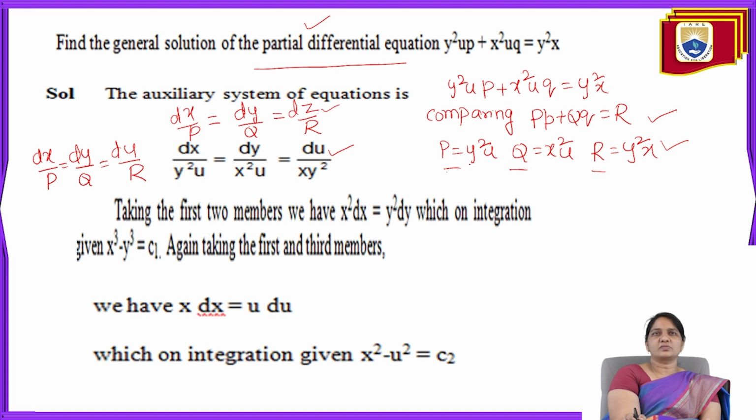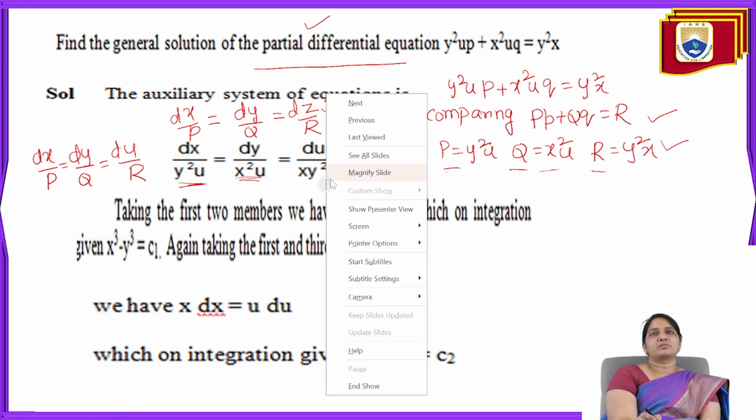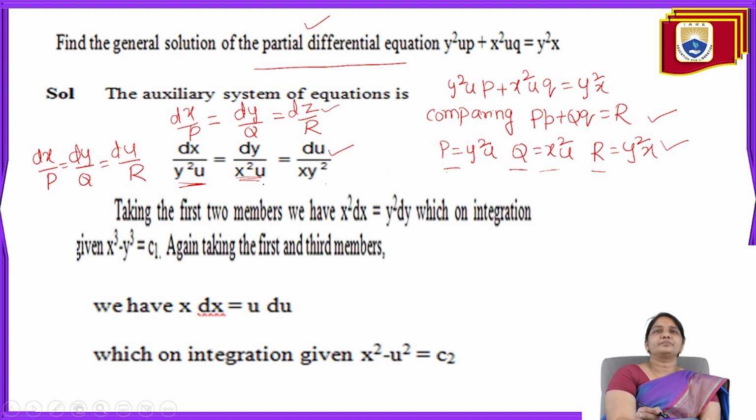P value is y square u, so dx by y square u. Q value is x square u, so dy by x square u. Next R value is x y square, so du by x y square. This is our auxiliary equation after replacing the P, Q, R values.